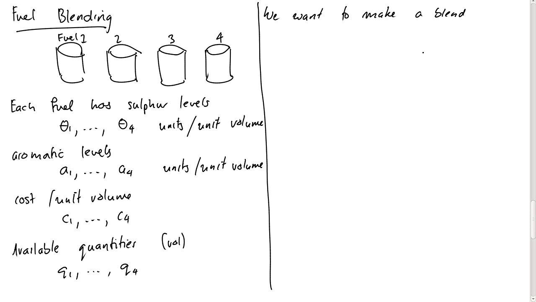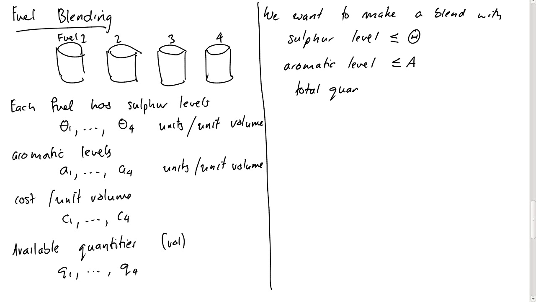Okay, and we want to have a blend with sulfur level capital Theta less than or equal to theta, and aromatic level less than or equal to A, total quantity equals Q with minimum cost.